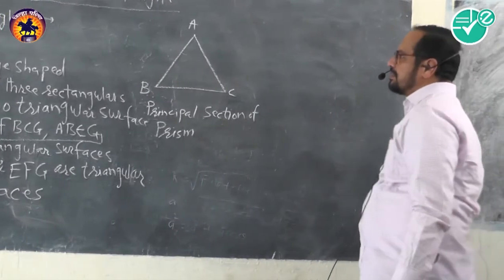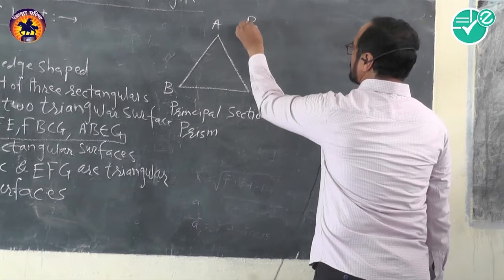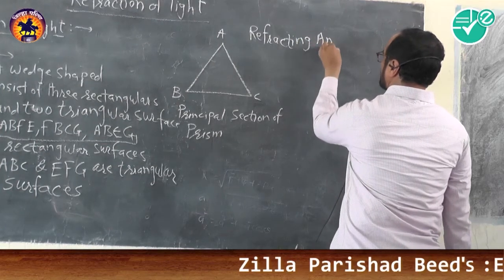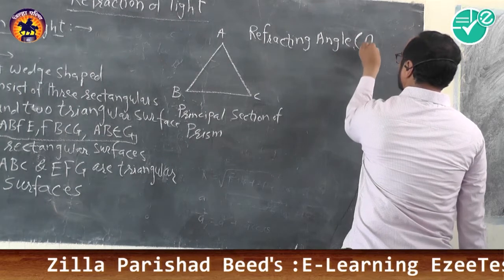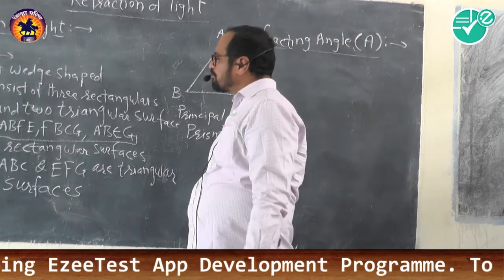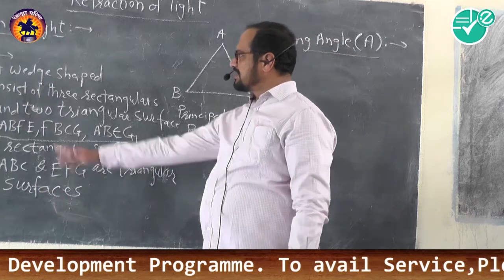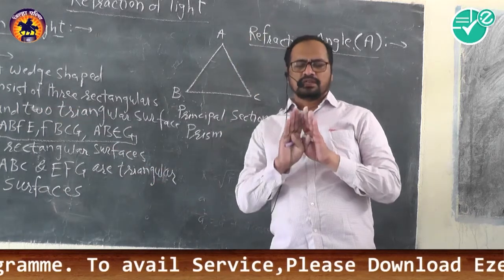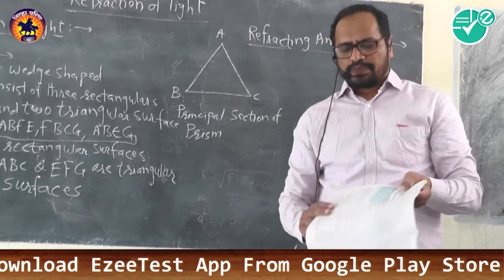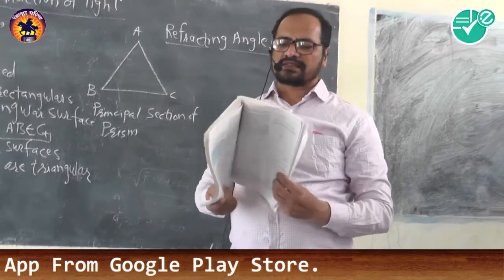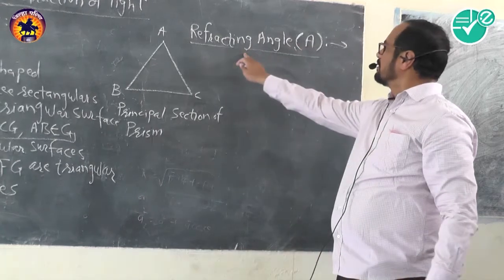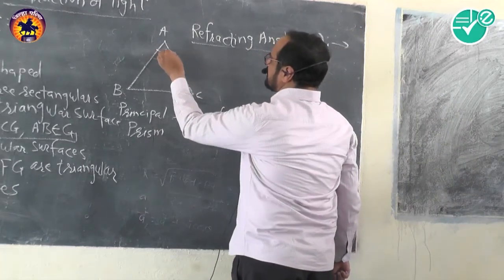First is the refracting angle, which is denoted by capital A. When the two rectangular surfaces meet each other, like this, or if we take this book, the two rectangular surfaces, the angle between these two surfaces is called the refracting angle.